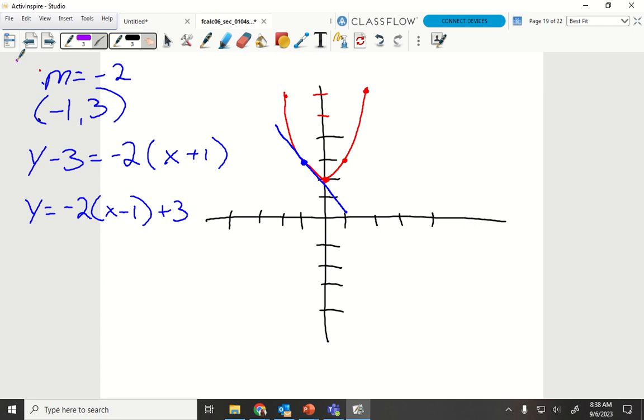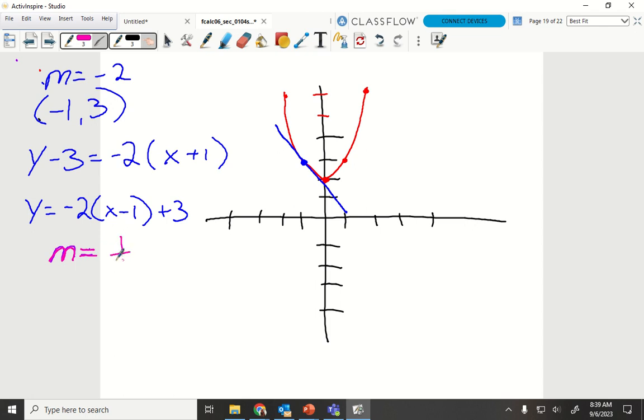Perpendicular to the tangent, right? So do I have a point? Yes. If it's perpendicular to the tangent, do I now have the slope? What's the slope of the normal?